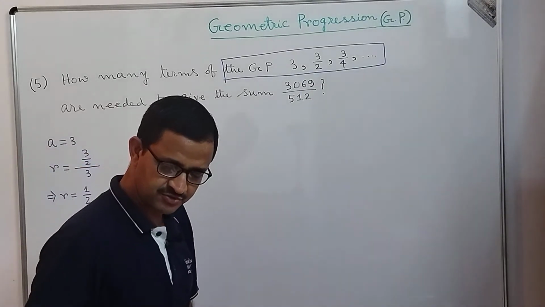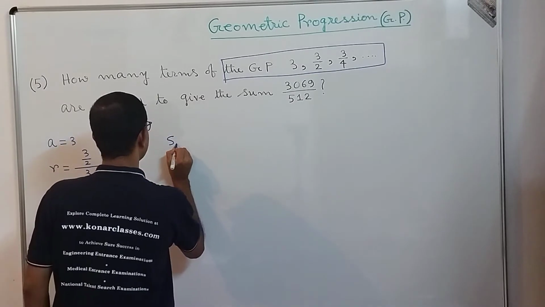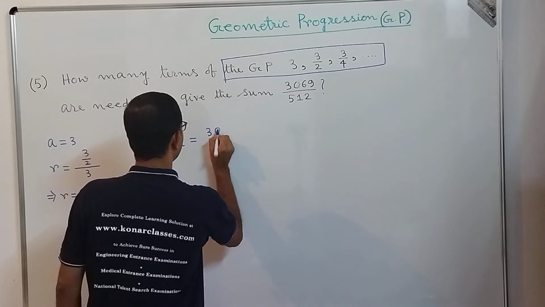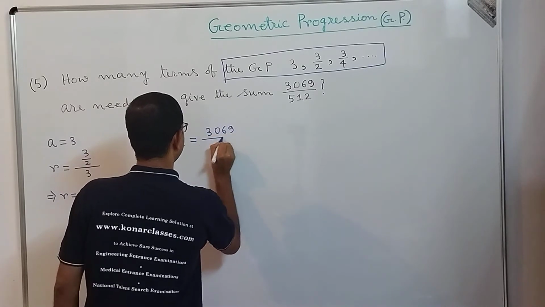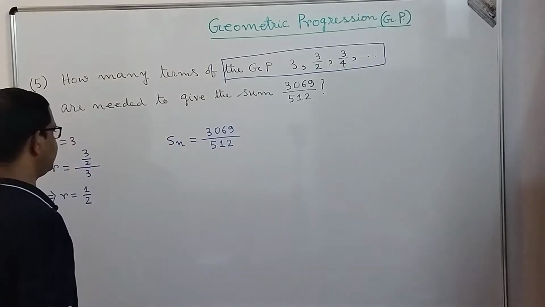So that means, dear students, we can write Sn is equal to 3069 divided by 512. Now what is Sn?